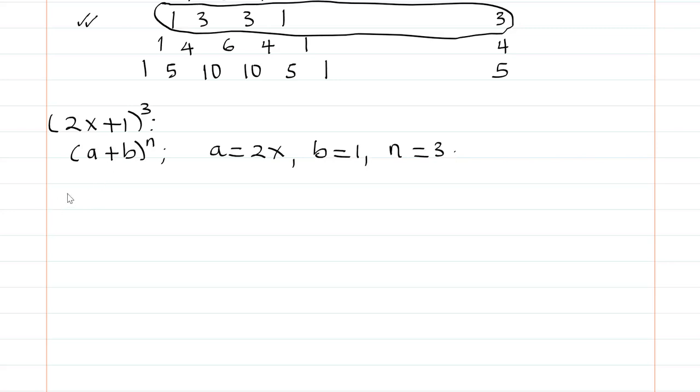And the general expansion in the form of a plus b to power n with Pascal, we have said in your previous learning that the powers of the first term a will start from n. So here we shall have a to power n. And the powers of the second term b will start from 0. So we shall have b to power 0. Now, the powers of a are going to decrease from n up to 0.